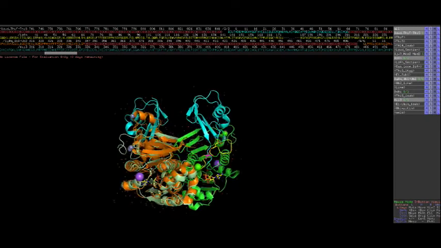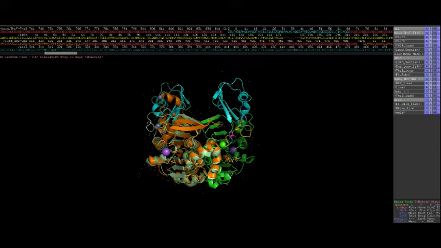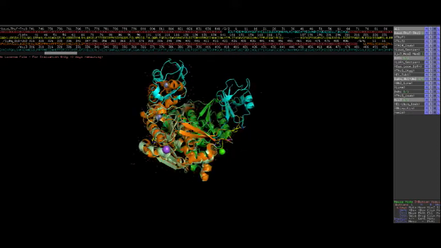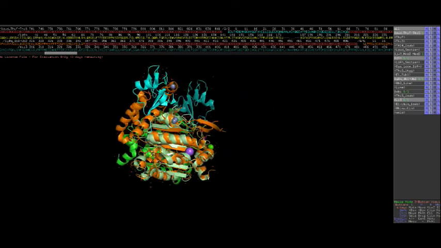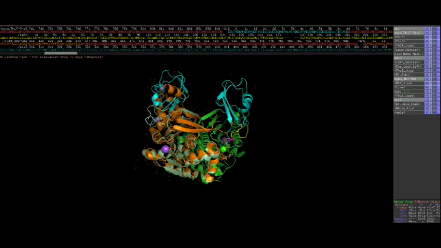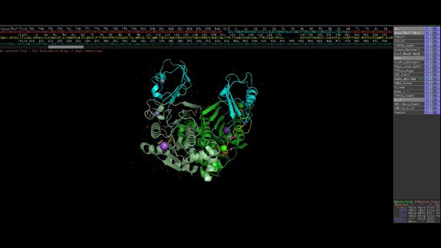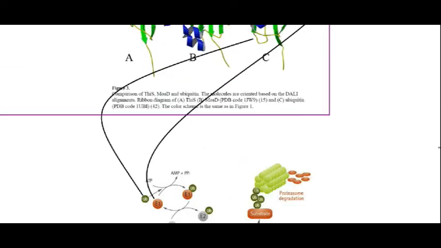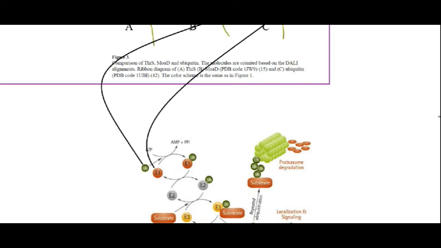And so you can see how the E1 down here in the larger part, and then the ubiquitin up here in the smaller part, overlap structurally very well with our THIF, THIS. And that's a little bit strange for this one, since we're not doing any sulfur transfers.